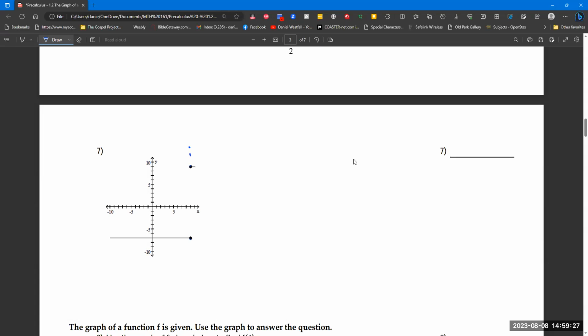It's not going to pass the vertical line test right there on that x value because there's going to be two y values for the same x value. So it's not a function. It would be if one of those closed circles had been open instead, so that there was only one value for y for that x value.